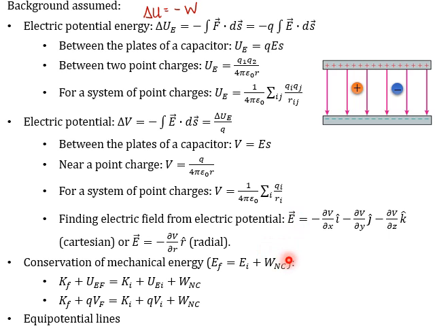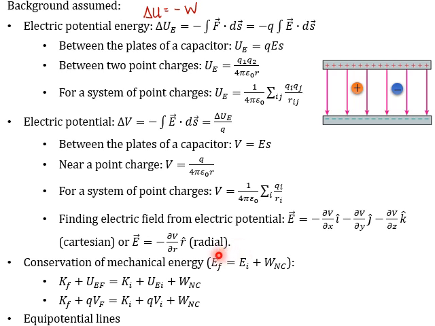Last, we can analyze the motion of many charges using conservation of energy. So final energy is initial energy plus work done by non-conservative forces. In general, work done by non-conservative forces means work done by friction and things like that. Typically, that's going to be zero in problems that we study. E stands for mechanical energy. It's kinetic plus potential.